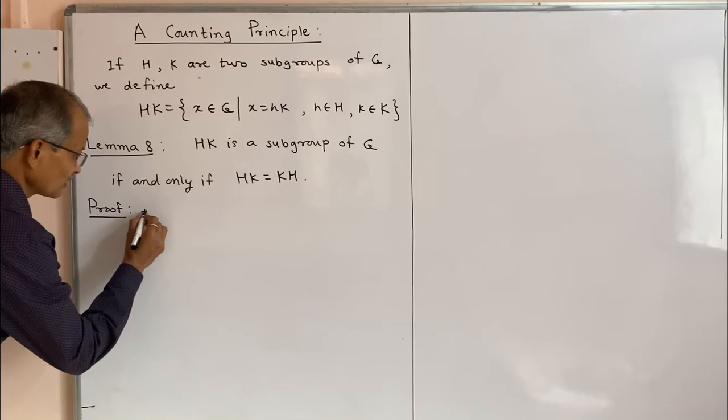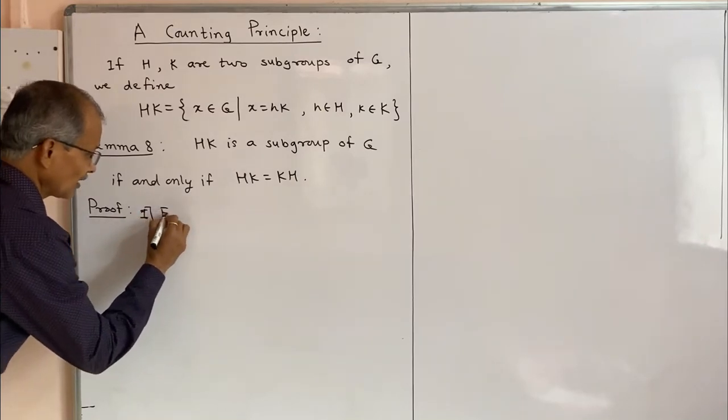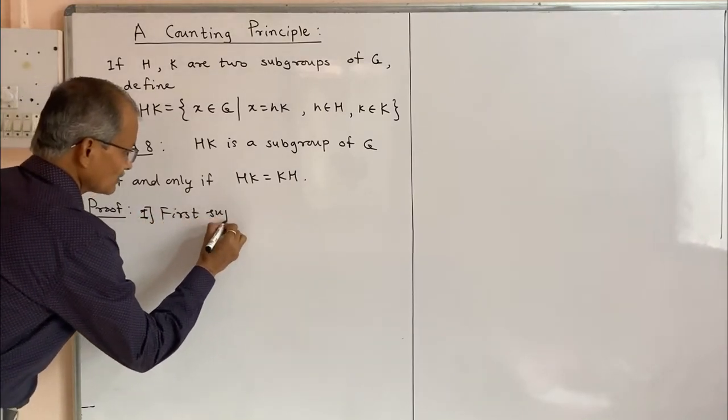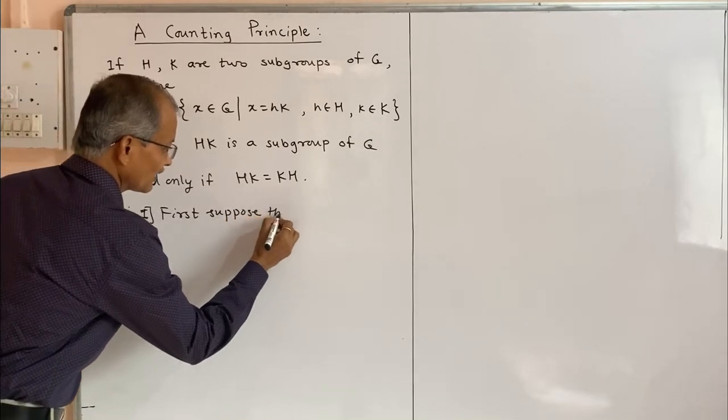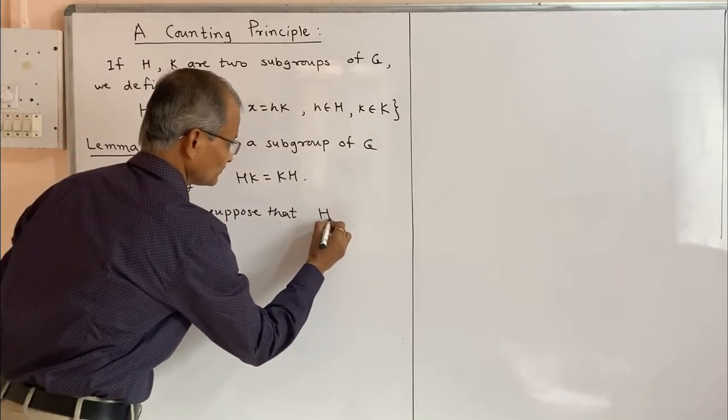So first suppose that HK is equal to KH.